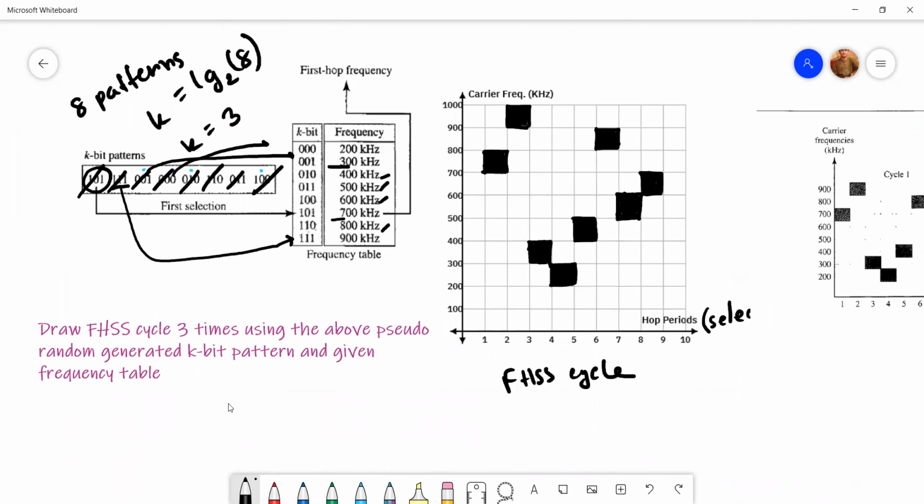By the frequency hopping FHSS concept, although the hops seem random, they are not random, because they have a particular pattern. This k-bit pattern, 101, then 111, then 001, and so on, is going to be followed in the successive terms. So in the second case, this is my first frequency cycle, number 1. For the second cycle, I'm going to draw the same thing over and over again.